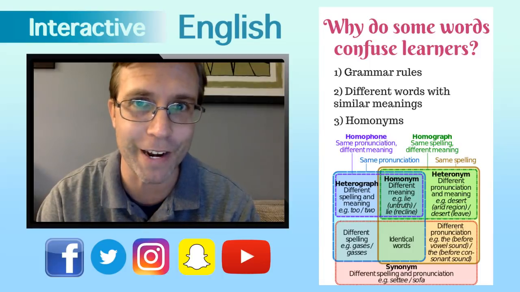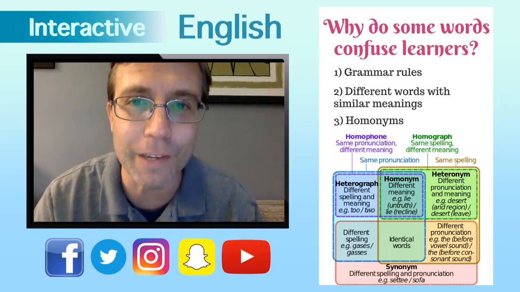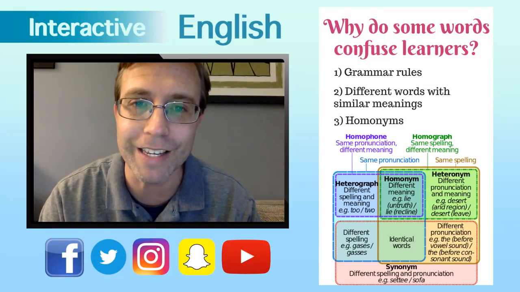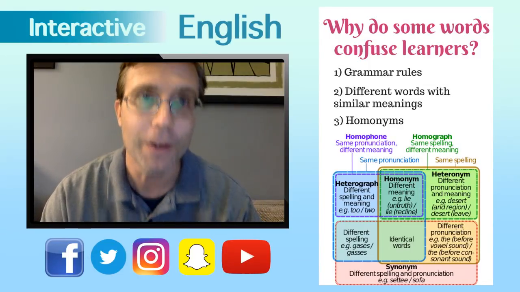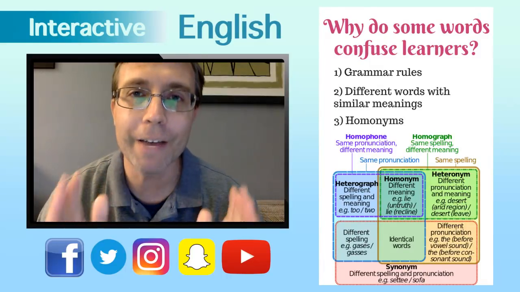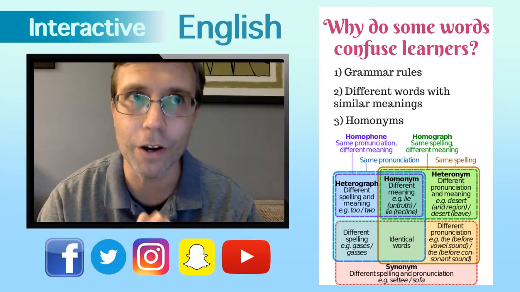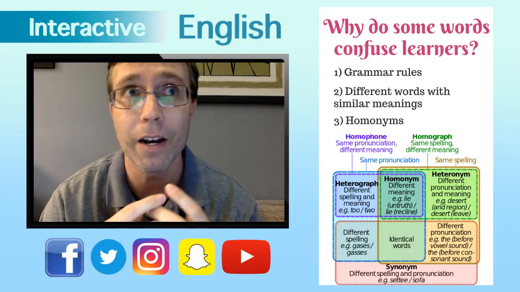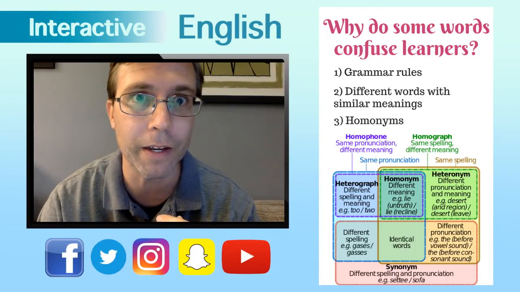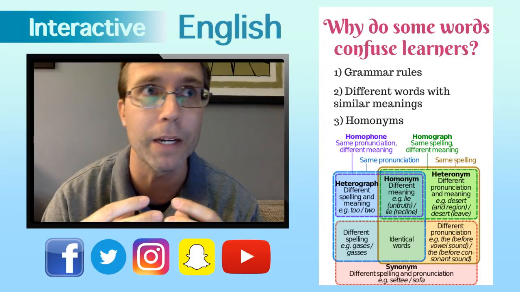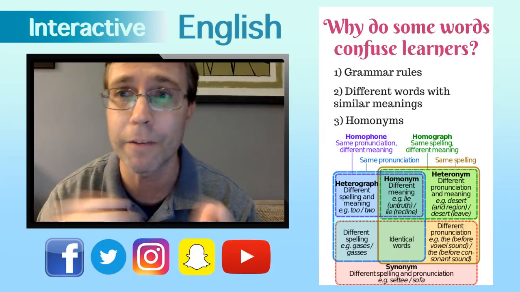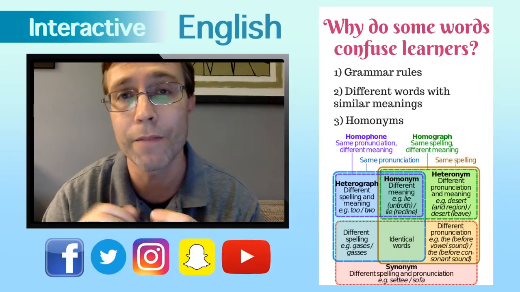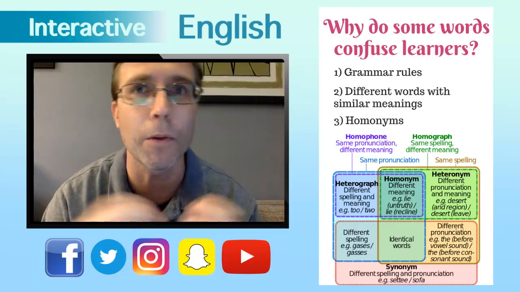The last one that I wrote down, a common reason why some words confuse learners, is right there: homonyms. Now, a broad definition of homonyms is words that have the same spelling and same pronunciation but different meanings, so words with multiple meanings, or it could be words that have the same pronunciation, different spelling, and multiple meanings.